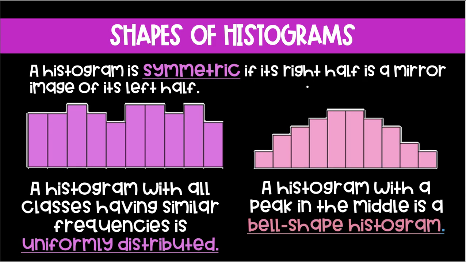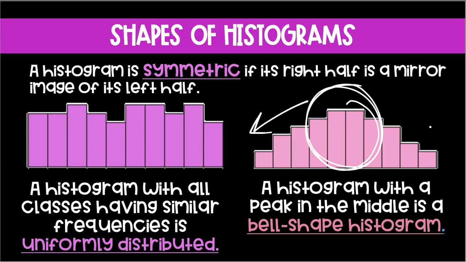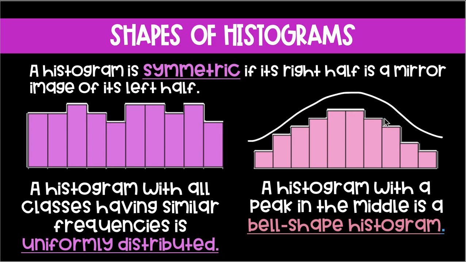A histogram is symmetric if its right half is a mirror image of its left half, or approximately mirrored. If it looks kind of even all across, this one will be called uniformly distributed. And if you have a lump or a peak in the middle and it falls to both sides symmetrically, this one is called bell shaped because it kind of looks like a bell.